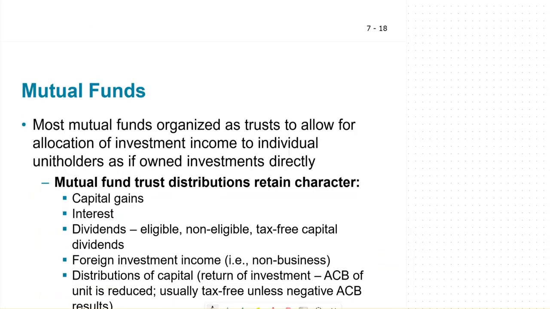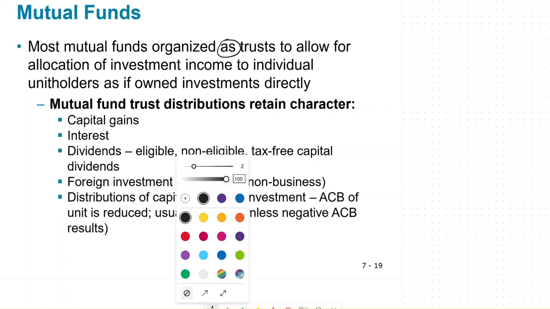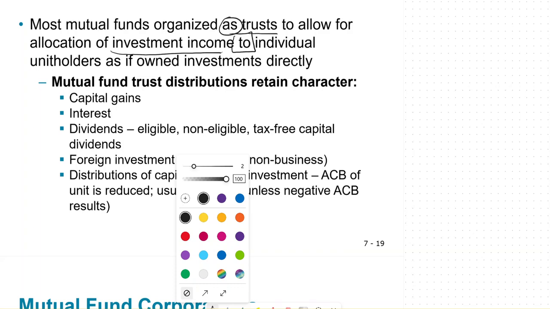If you invest in mutual funds organized as a trust, that allows for allocation of investment income to individuals. What is included in the mutual funds' distributions?